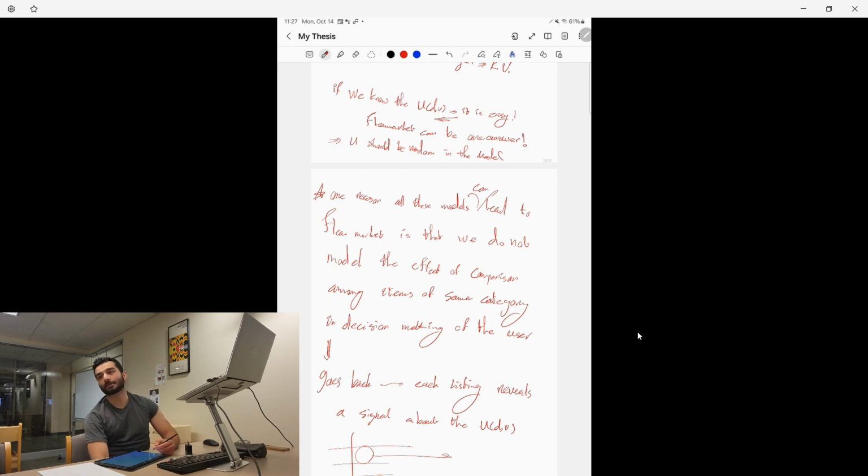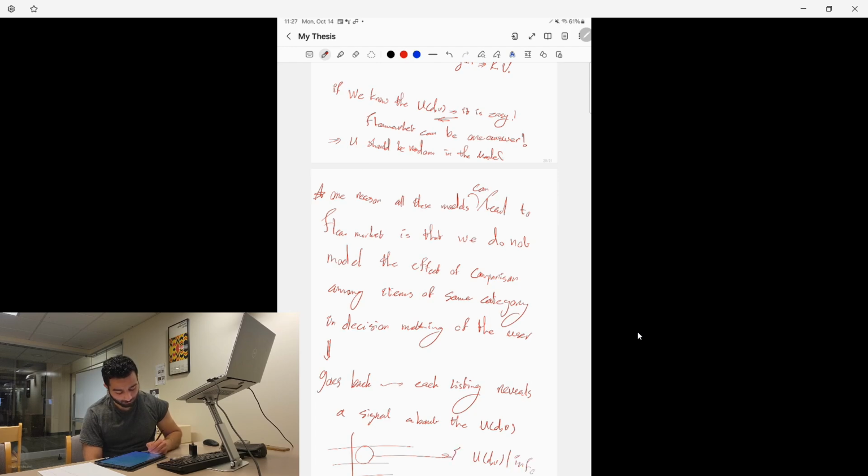They assume it is the sum of the two parts, and one part you see once you look at it, and the other part is when you go to the consideration set. Info.